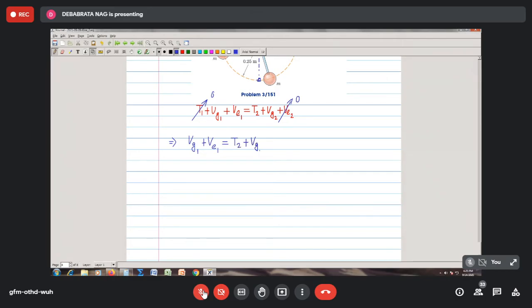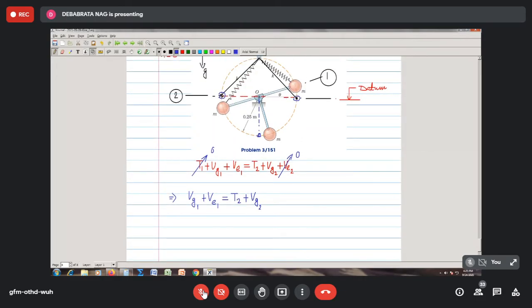Had there been no third mass, Vg2 would also have been equal to 0. But in this case, we have the third ball, so we cannot write like that. Now, just see, in this position, let me first calculate the positions of all the centers of mass here. These are particles, you need to consider them as particles.